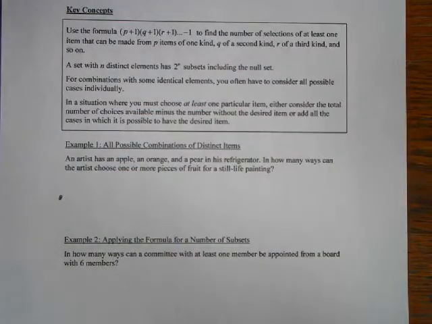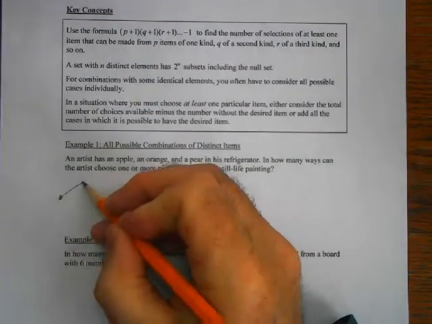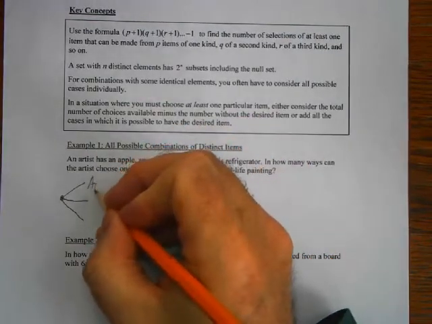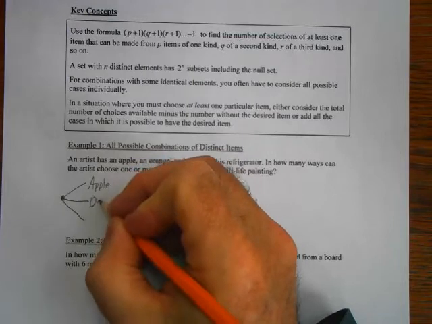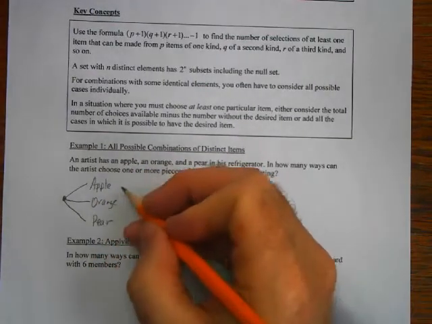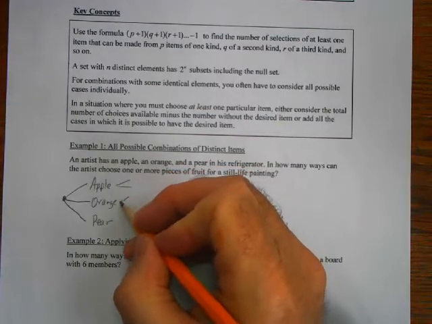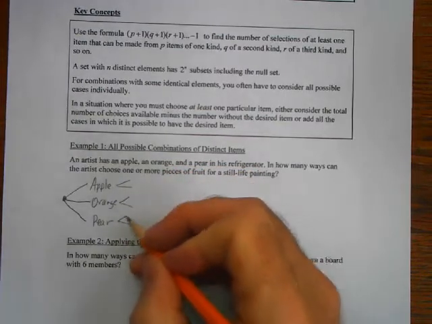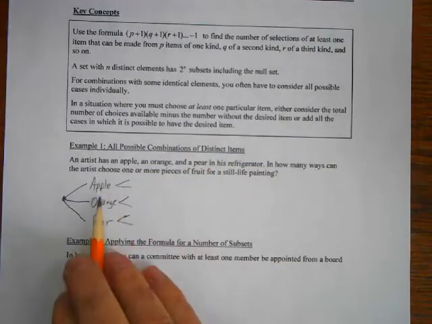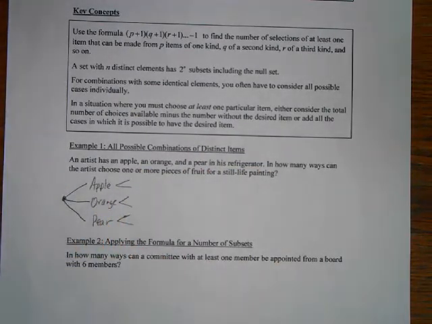So for each choice, you've got three things. You've got your apple, orange, and pear. Now, one way of looking at this is for the painting, we can either use the apple or we don't use the apple.